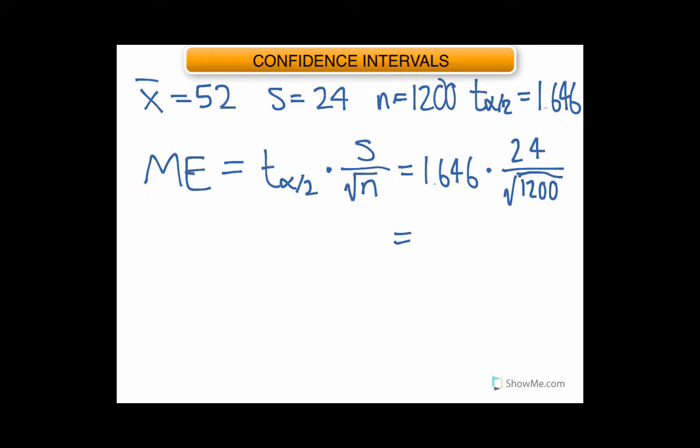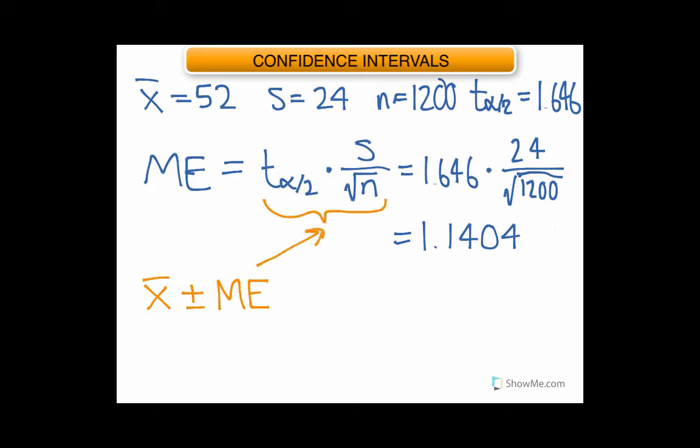If you calculate that with your calculator, you'll get that the margin of error is about 1.1404. Because the margin of error is that whole part there, that's what we add and subtract in the formula.